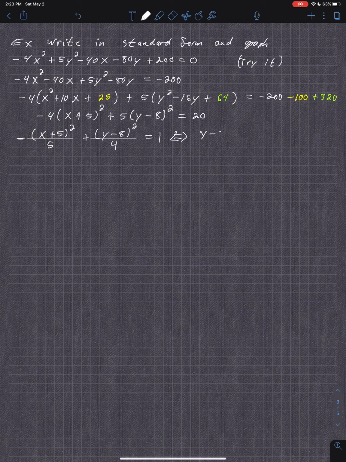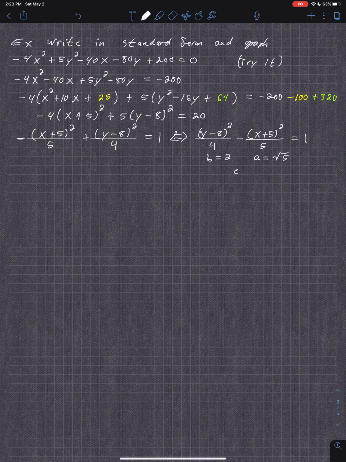So how is this going to open once you graph it? Okay, so you get that, minus squared and then over 5. All right. So what's underneath y is b equal to 2, a equal to root 5.